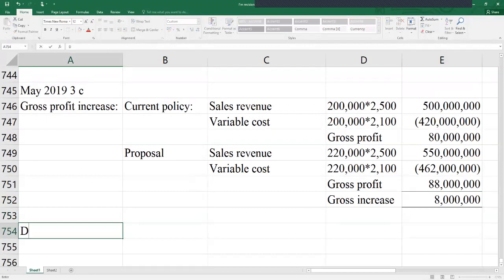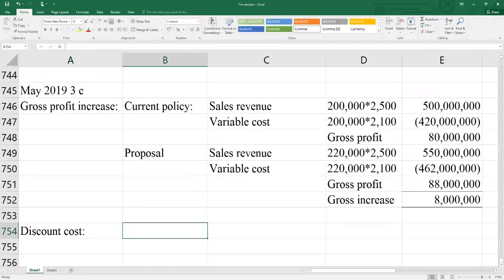Working out the discount cost: this will be equal to 60% of the customers who take the discount. Note it will be the new customers, not the old customers, because this policy was not there before. So it'll be 60% of the new sales the company is making, which is 550 million.